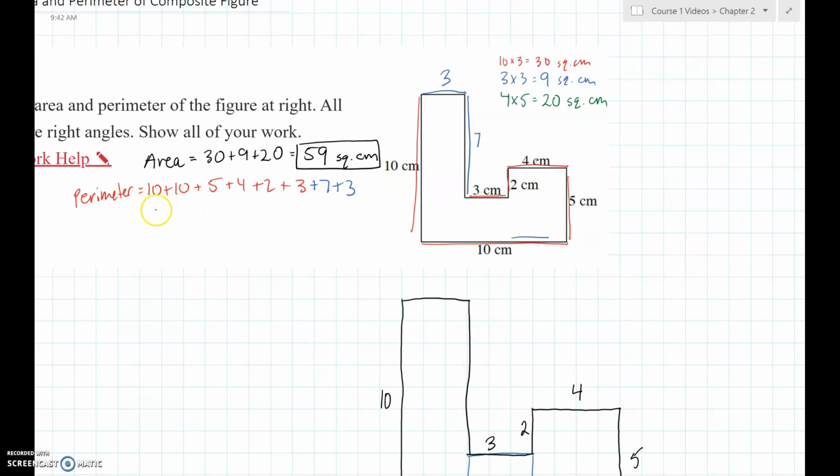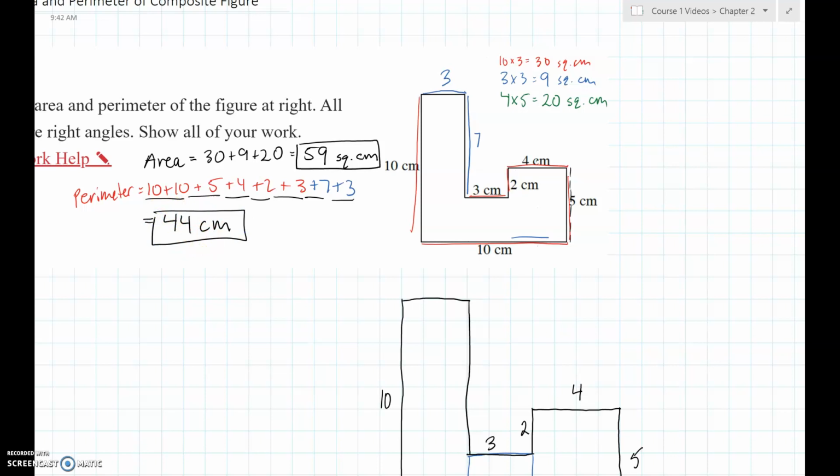So perimeter equals 20 plus 5 is 25. 25 plus 4 is 29. 29 plus 2 is 31. 31 plus 3 is 34. 34 plus 7 is 41. And 41 plus 3 is 44 centimeters. So not squares, we're just talking about little toothpicks, 1, 2, 3, 4, 5, the little centimeter toothpicks. So the perimeter is 44 centimeters.